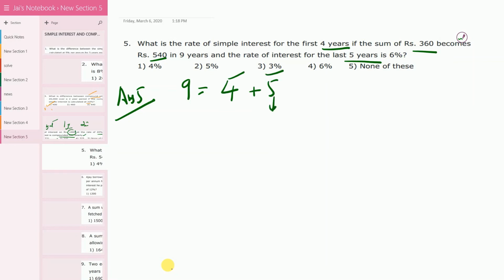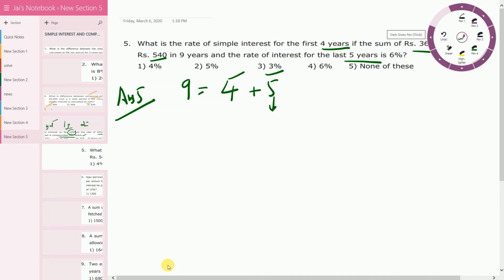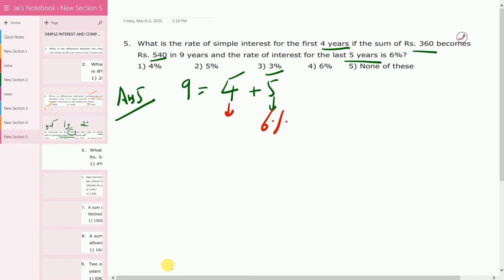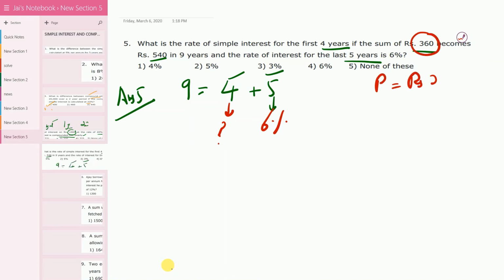For the last 5 years, the rate of interest that they have mentioned is 6%, and for the first 4 years you don't know, you need to calculate it. The principal given in the question is rupees 360, and the value of principal remains the same throughout the question.